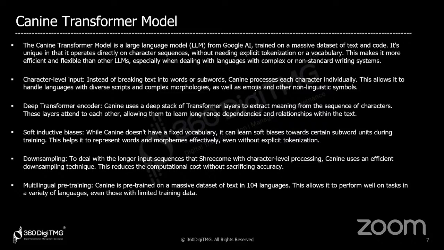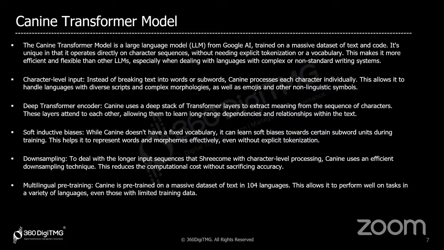Now, after that, there is downsampling. Canine uses downsampling to manage the longer sequences that result from character level processing, which reduces the number of characters while retaining the essential information. And then there is multilingual pre-training.